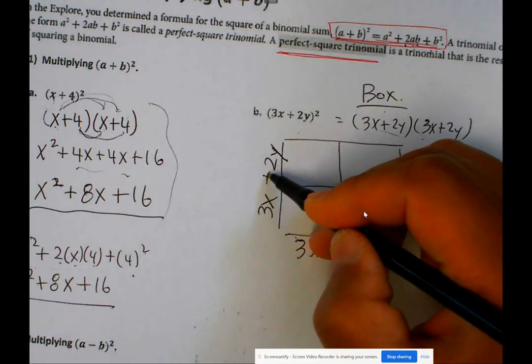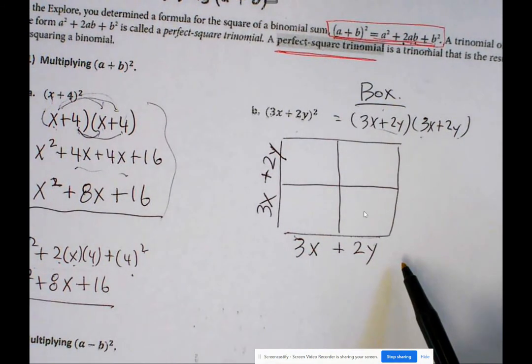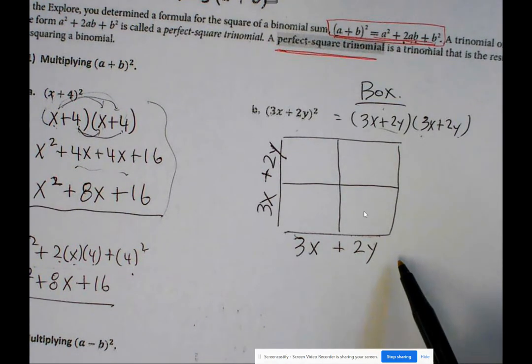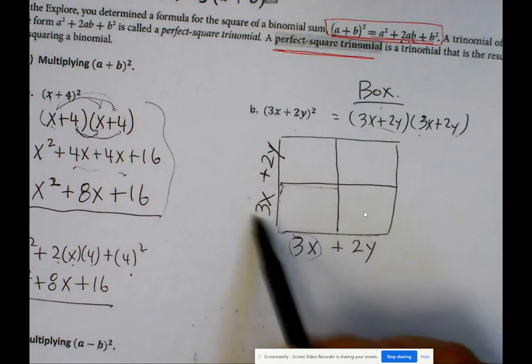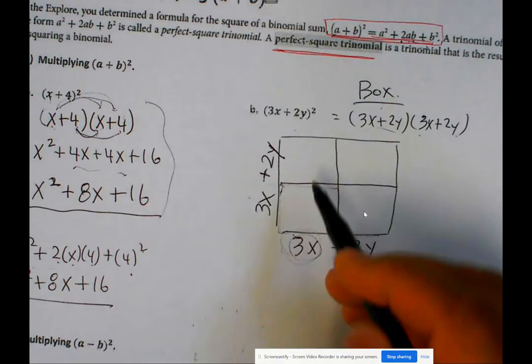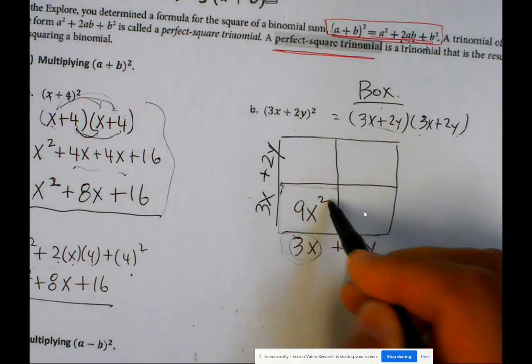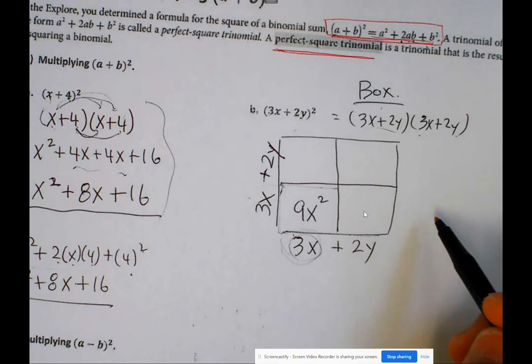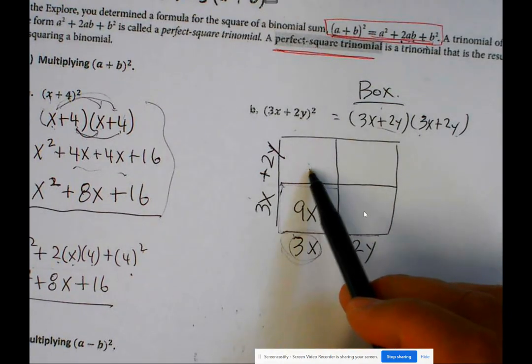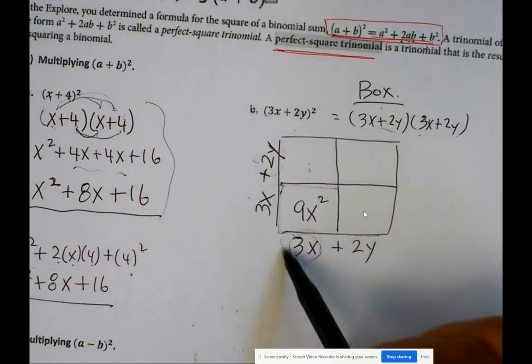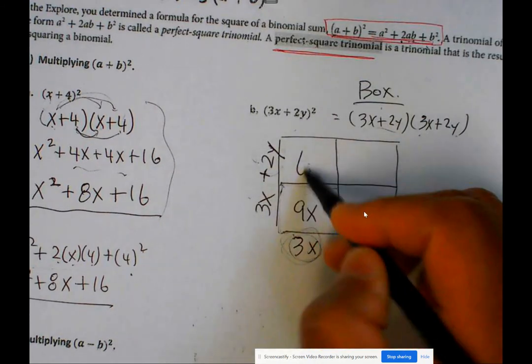All right, for you to get this first box right here, we multiply these two. So 3x times 3x will give you 9x squared. For you to get this box, you multiply this one with that one, that will give you 6xy.